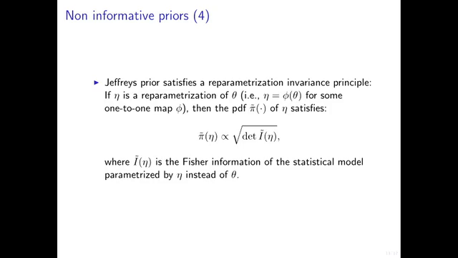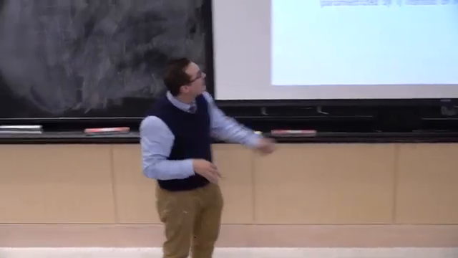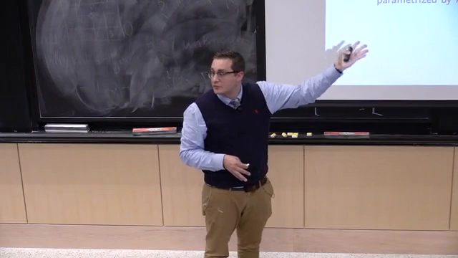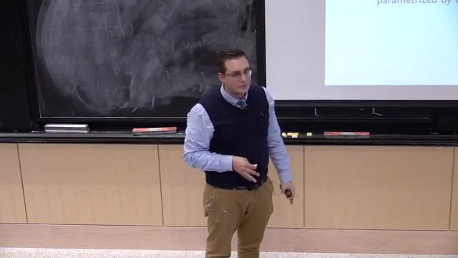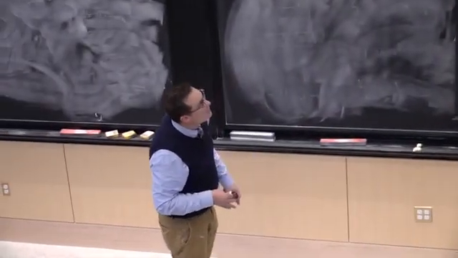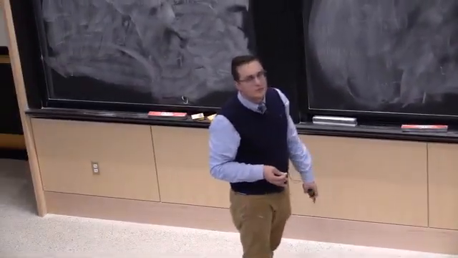So it's essentially telling you that for this new parameterization, if you take Jeffreys prior, then you actually go back to exactly something of the form square root of the determinant of the Fisher information, but this time with respect to your new parameterization. All right, so why is this true? Well, it's just the change of variable theorem, right?